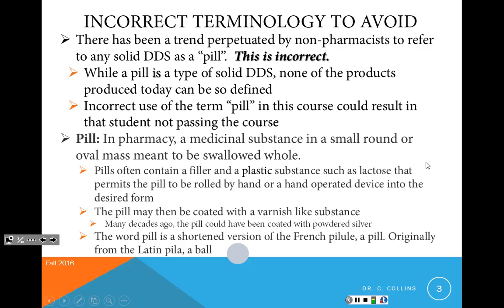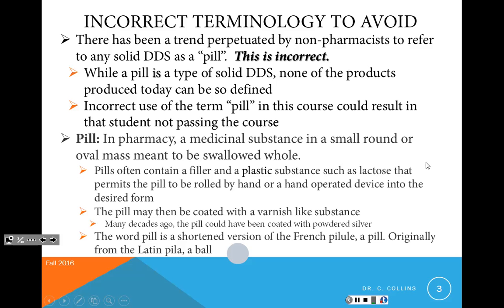So if tablets and capsules are not the same, a pill is a very specific drug delivery system that is made by hand, by rolling. It's usually rolled into a little ball, might be a little ovoid, and they're made by pharmacists. There really is no mechanical device that can make these.